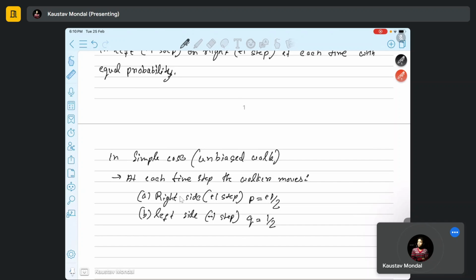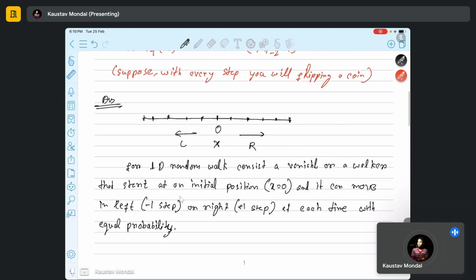So for a 1D random walk problem, the probability of moving this side, let's say p, is half, and if it's moving in the opposite side, this is also half. In this way the total probability will be 1.